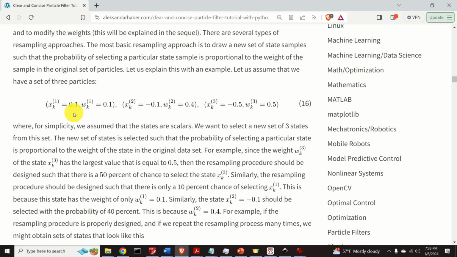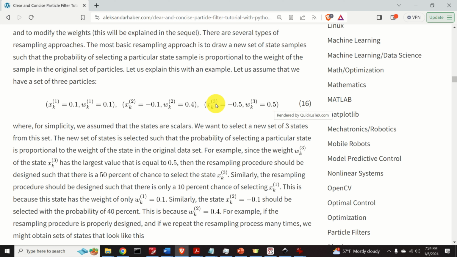The new set of states is selected such that the probability of selecting a particular state is proportional to the weight of the state in the original data set. For example, since the weight w_k^3 of the state x_k^3 has the largest value that is equal to 0.5, then the resampling procedure should be designed such that there is a 50% chance to select the state x_k with the index 3.